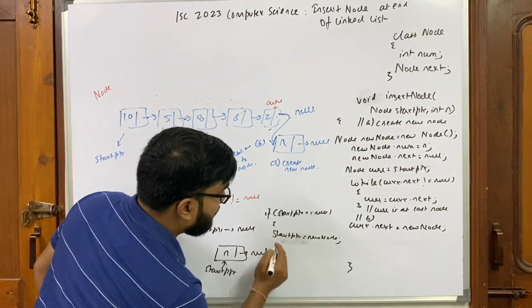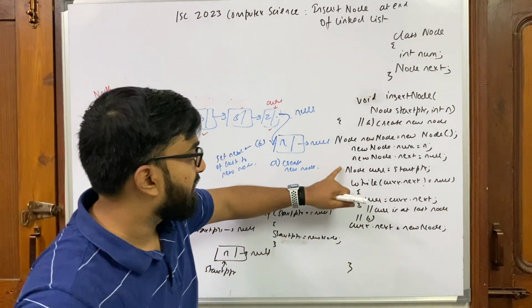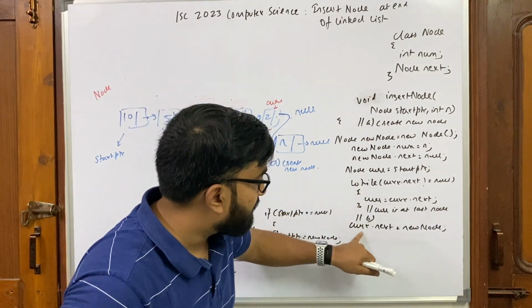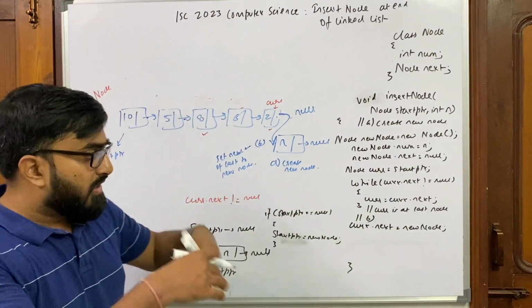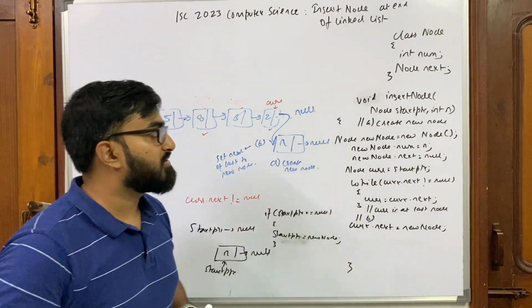Else I do this exact thing: I move to the last, I set the next of the last node. I'll do it in the code. When I run this on the system, I'll show you how this is done.